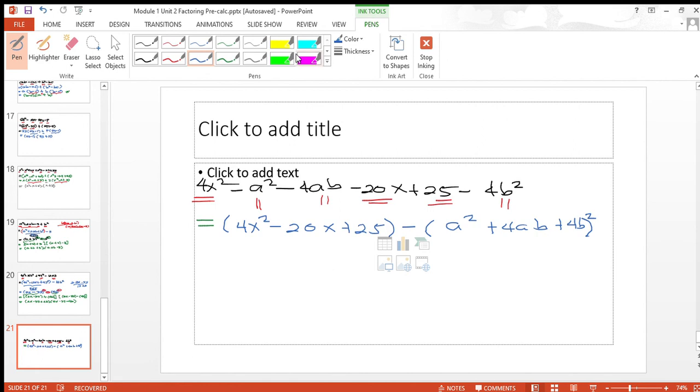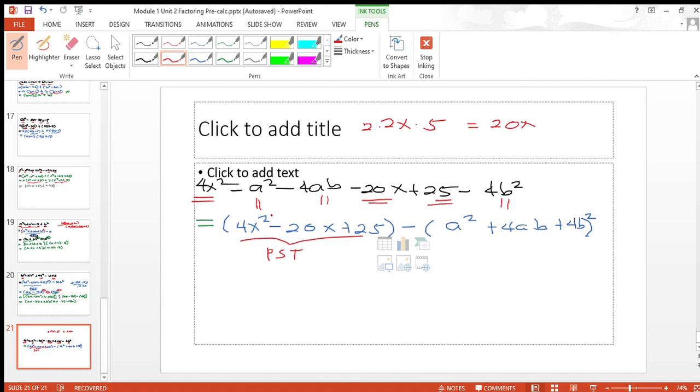And then, what happens in this group? 4x squared minus 20x plus 25. Is this a perfect square trinomial? Okay, let's check. Square root of 4x squared, 2x. Square root of 25, 5. 2 times 2x times 5, that will be 20x.